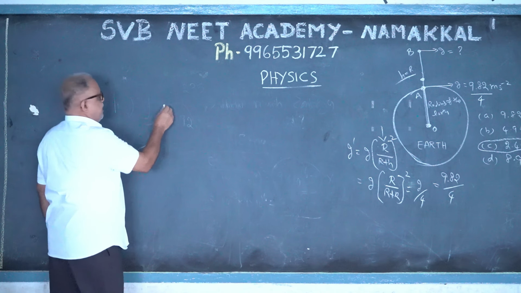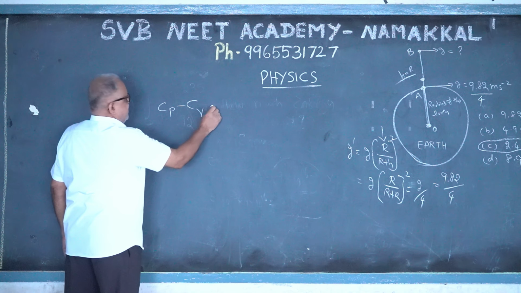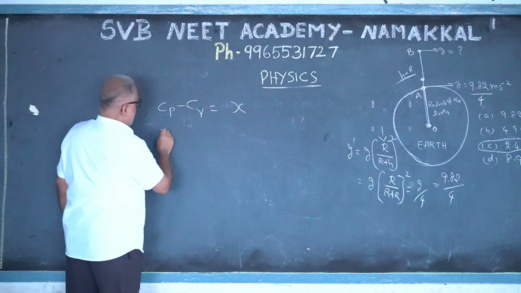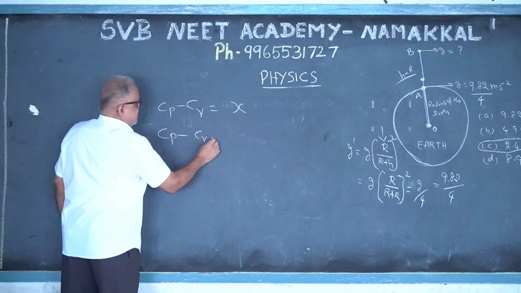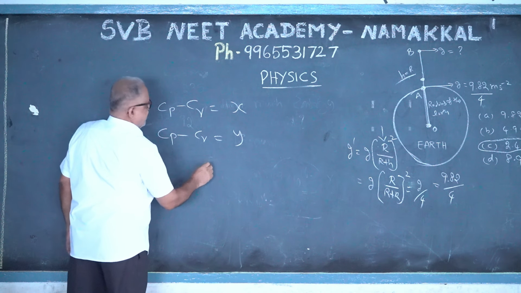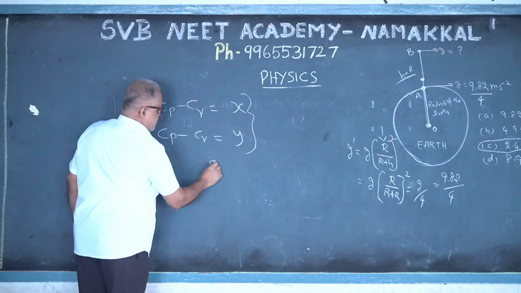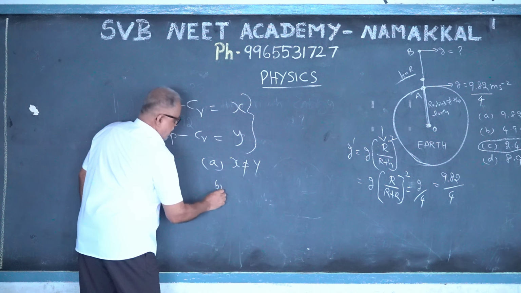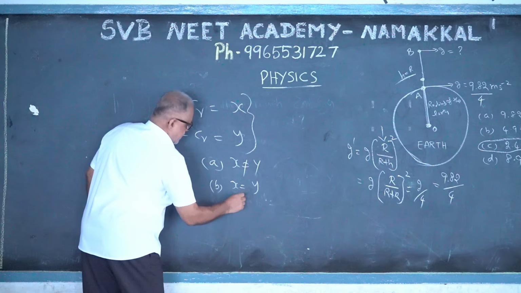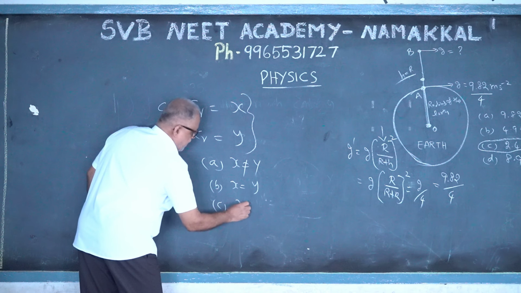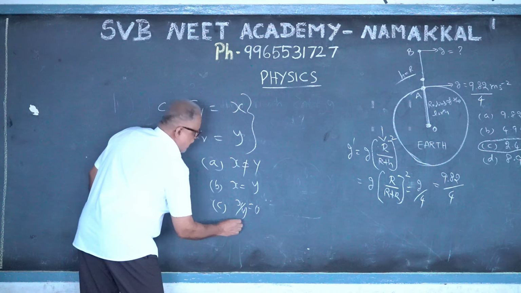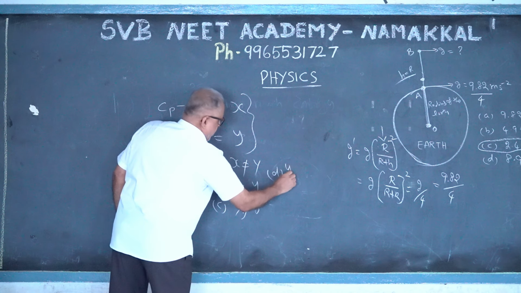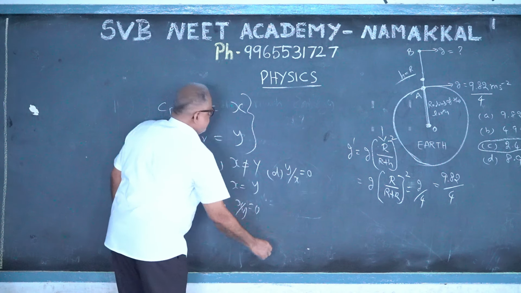The problem is: Cp minus Cv is equal to x. Another equation: Cp minus Cv is equal to y. They give four options: option A, x is not equal to y; option B, x is equal to y; option C, x by y is equal to 0; and last option D, y by x is equal to 0.